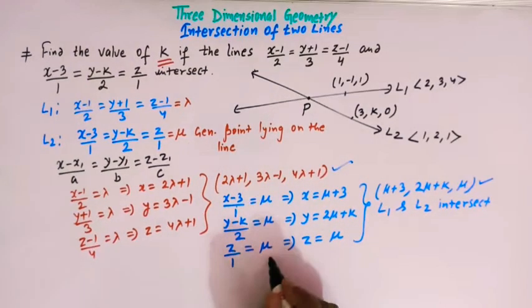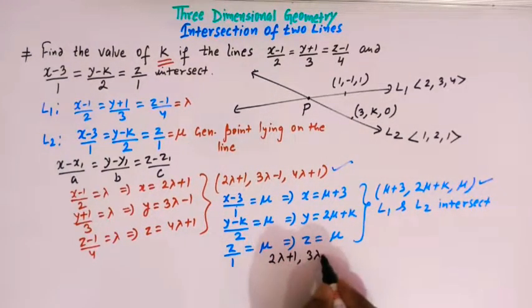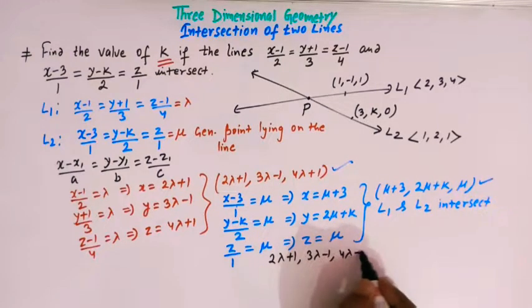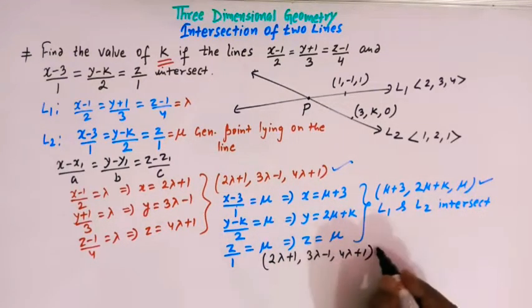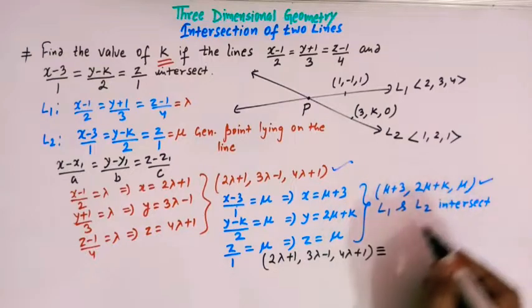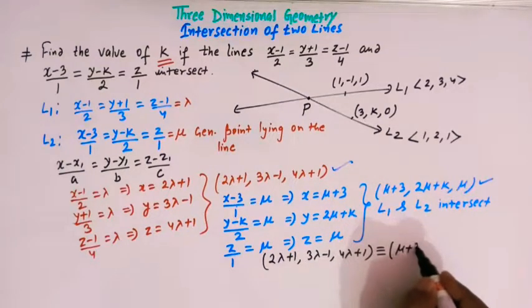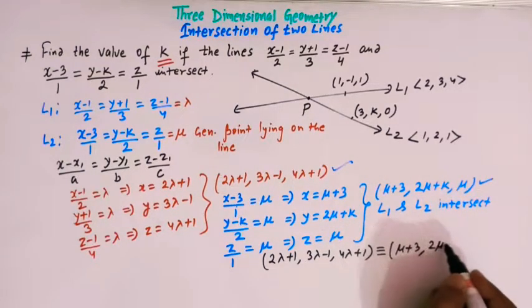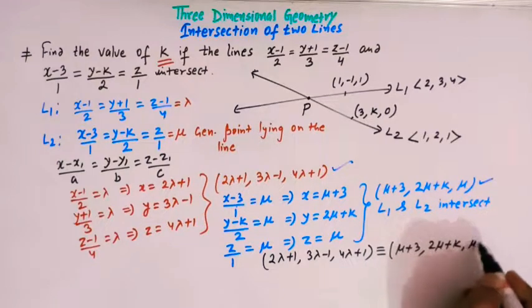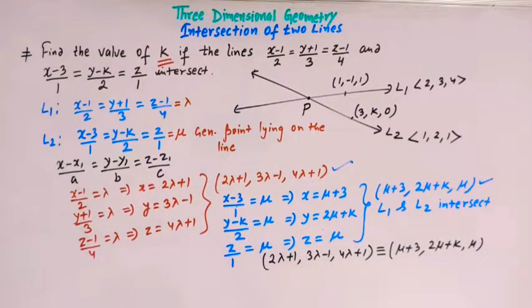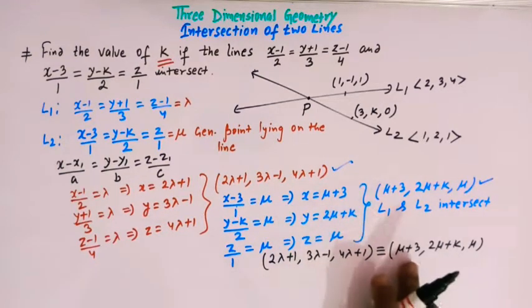So now we can write 2 lambda plus 1, 3 lambda minus 1, and 4 lambda plus 1 must be equal to this coordinate, that is mu plus 3, 2 mu plus k, and mu for some value of lambda. Now if we compare both these coordinates, we get three equations in lambda and mu.